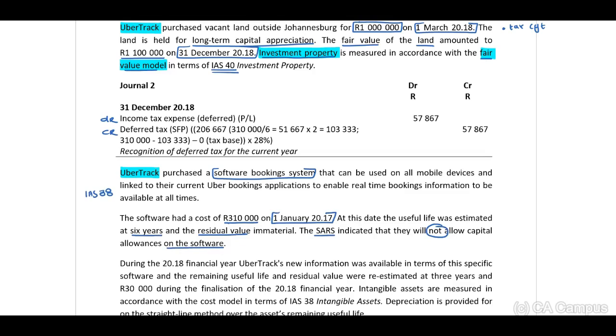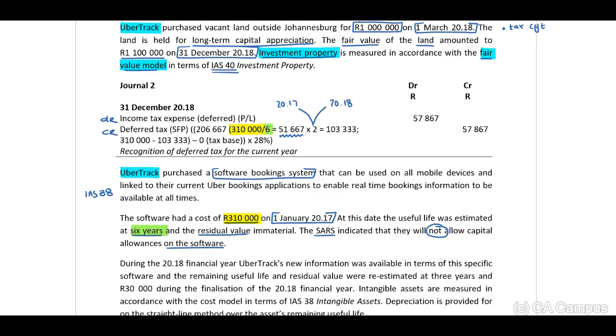Now when we look at the journal entry, they have used the cost of 310,000, divide this by the 6 years useful life, and this is amortization of 51,667 times 2. Now times 2 will be the 2017 year end and our 2018 year end.